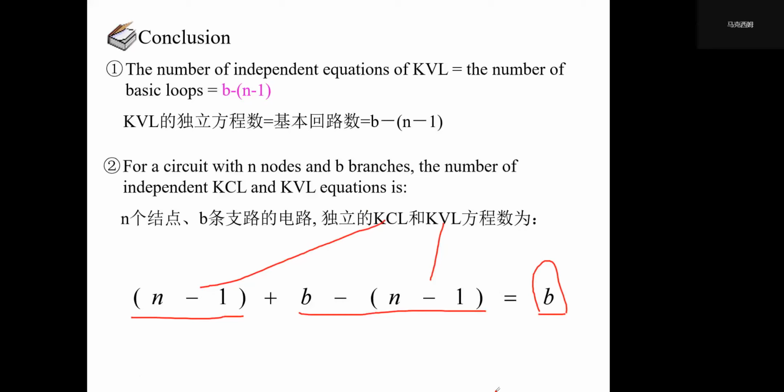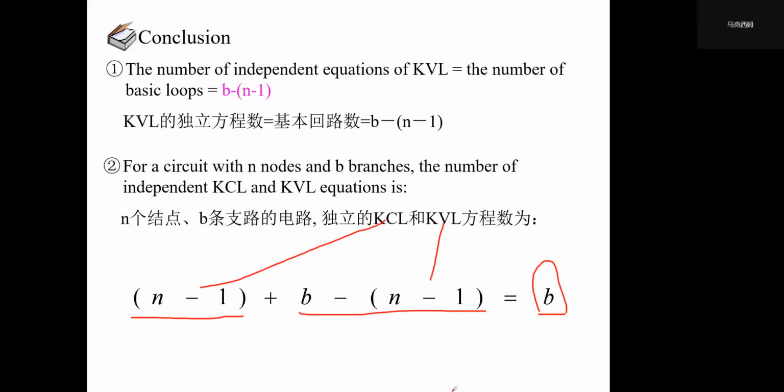So we know that for a circuit with B branches, each branch has its own current, and each branch has its own voltage. So if we want to solve the circuit with B branches, we have to at least solve B voltages or B currents for each and every branch.